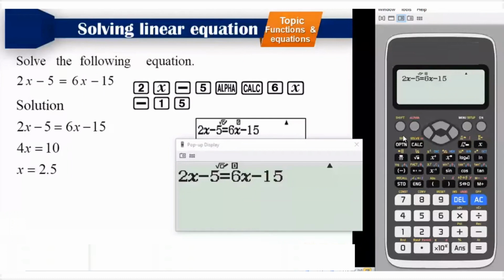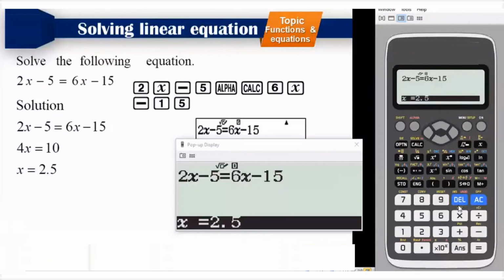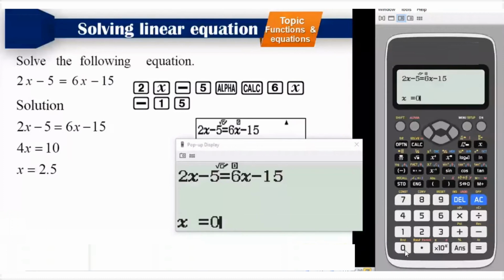So it is asking me what value of x is already stored. This is not the answer. That is the value of x which is stored in the calculator, which can be any value. It can be 1, 2.5, whatever the value stored in the calculator. And the answer is x is 2.5 and L minus R is 0, indicating that this equation has been solved.